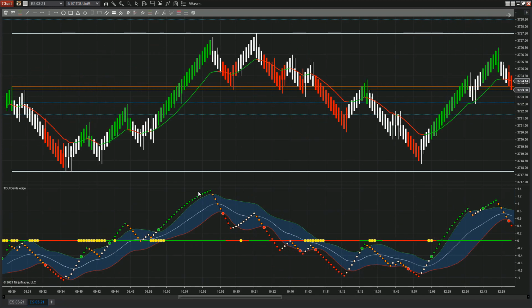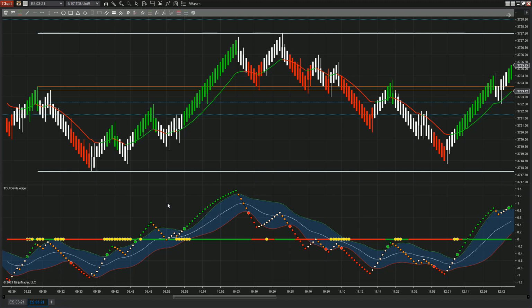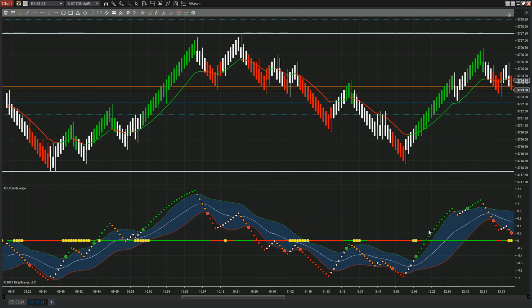Now let's focus on the Devil's Edge down here, because what we have here in essence is a turbocharged MACD, and we've done that by combining 5 different indicators into this one single indicator. So let's break them down one at a time so you understand what you're looking at, and then we'll talk about application.